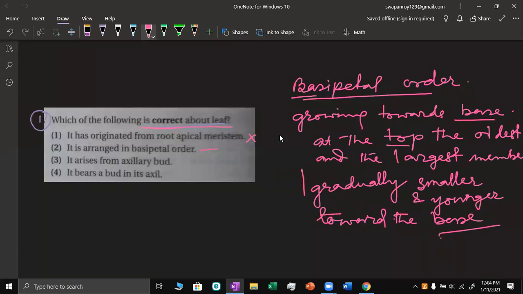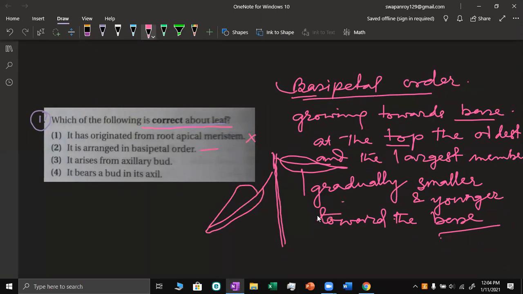So this is the basipetal, means if this is an organ or a branch, the plant branch, the largest leaf at the top. Is it the correct thing?